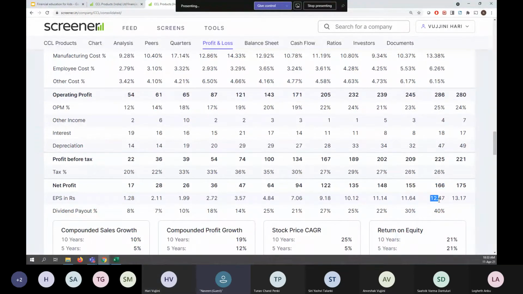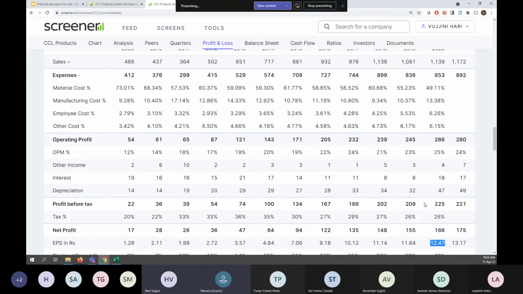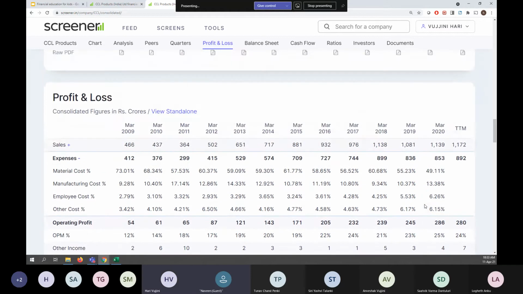So how much percentage has it increased? Or do you mean market value? Suppose I have 100 rupees per share, and now it has increased by 12, so that means 12% increase for this year for one share. Yeah, the market pricing is a totally different game.